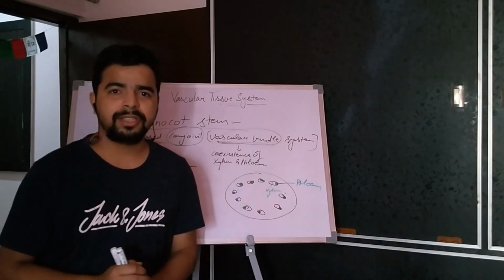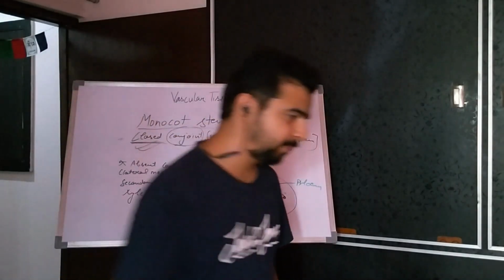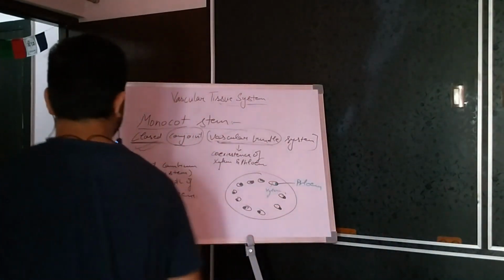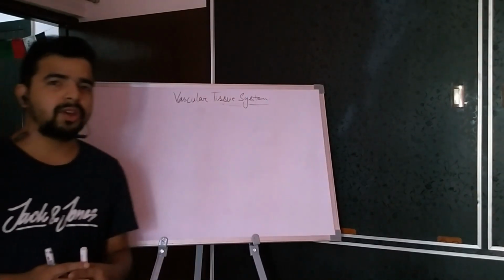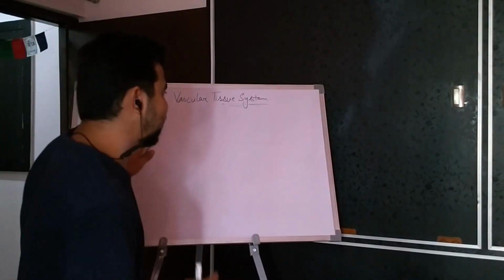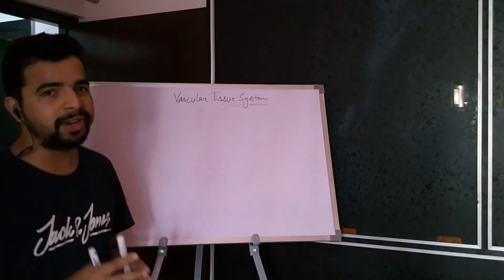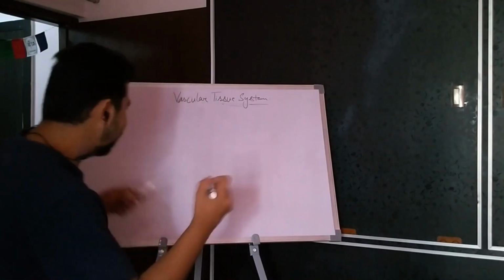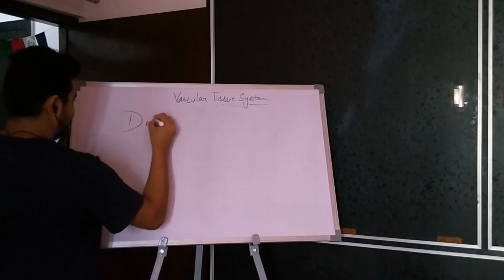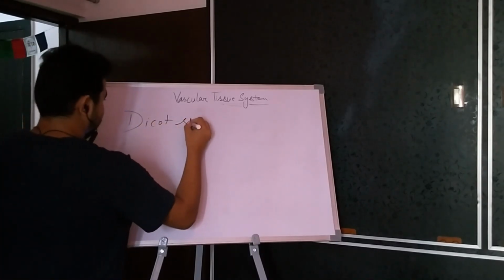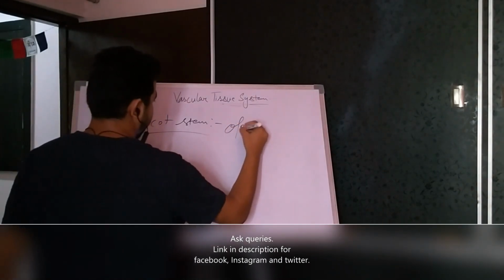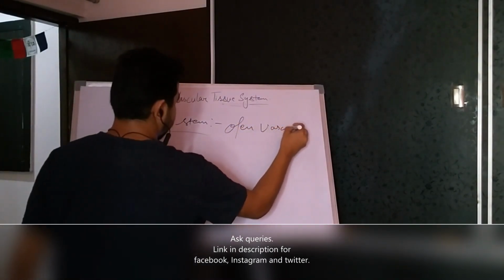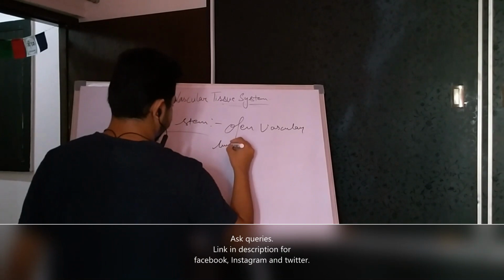Now we are going to see the dicotyledon stem. We saw that in a monocot stem, the vascular bundles are arranged in a conjoint closed vascular system. In dicot stem, the arrangement is open type, or open vascular bundle system.